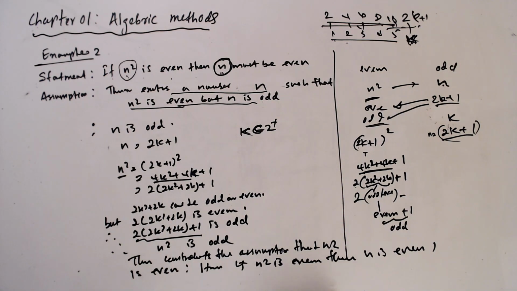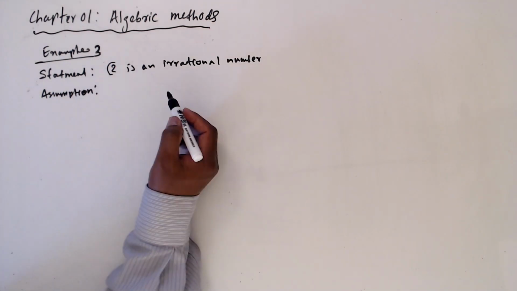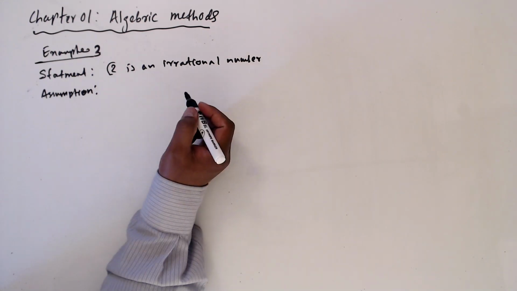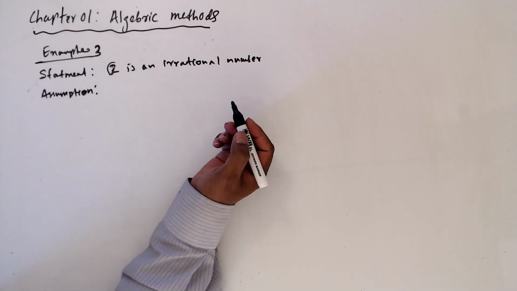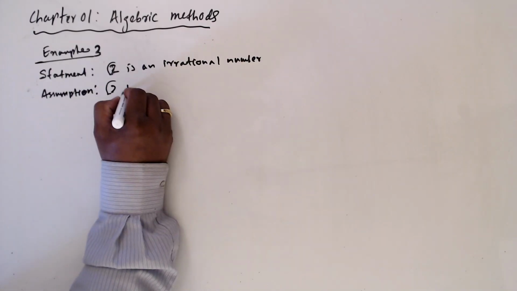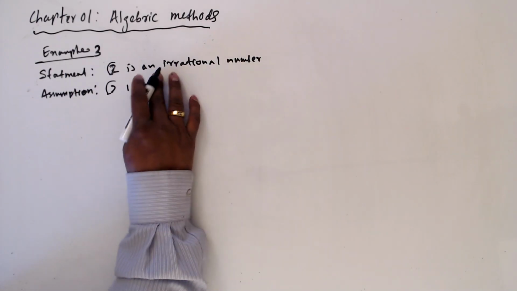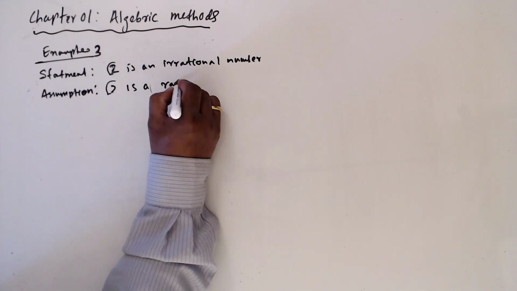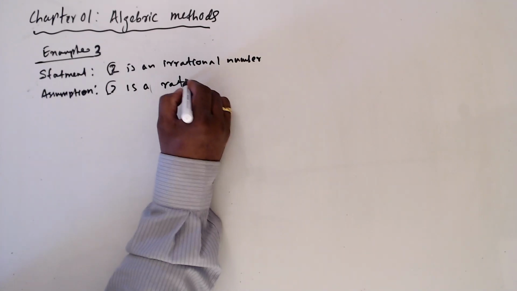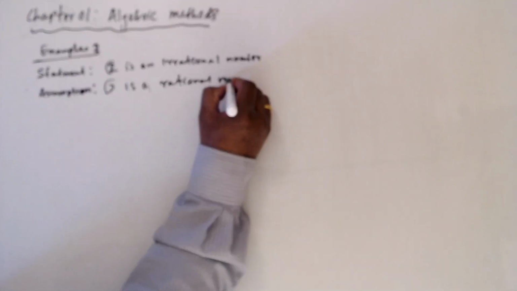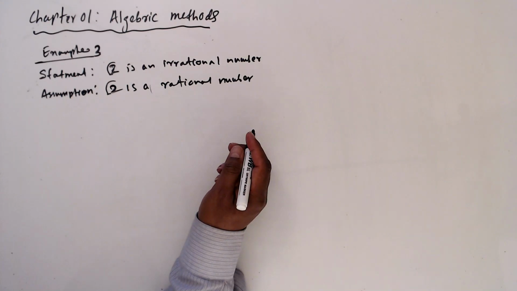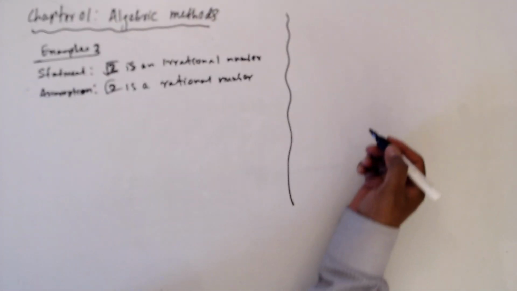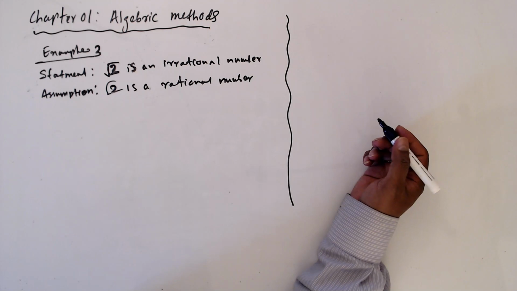Let's discuss example 3. Example 3 is: square root 2 is an irrational number. For the assumption, we have to write the negation, the falsehood of this statement. So square root 2 is a rational number. What is rational and irrational?